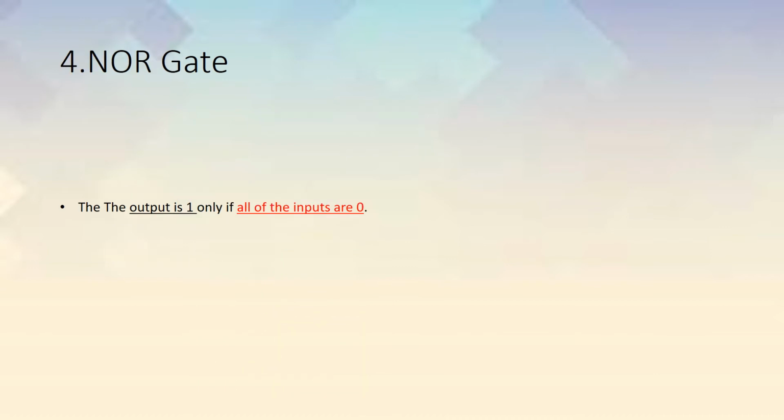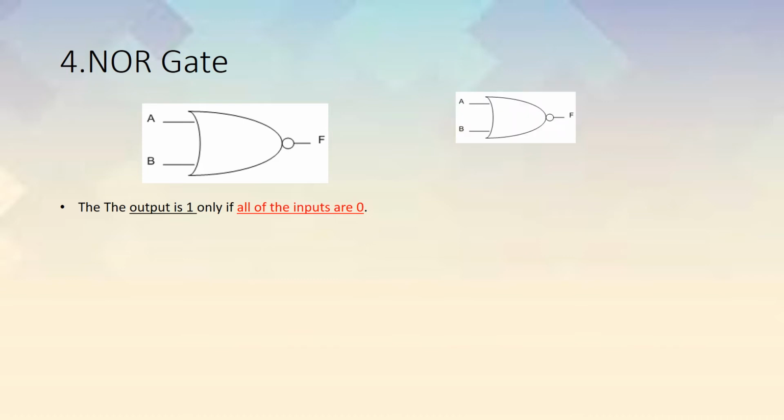The NOR gate. This is the symbol of the NOR gate. Look, it has a bubble at the output. So the symbol also looks like this, equal to this. The main point of the NOR gate is the output is 1 only if all the inputs are 0.